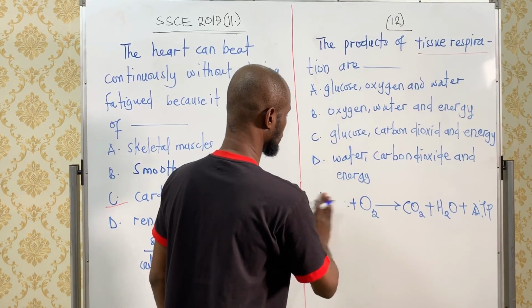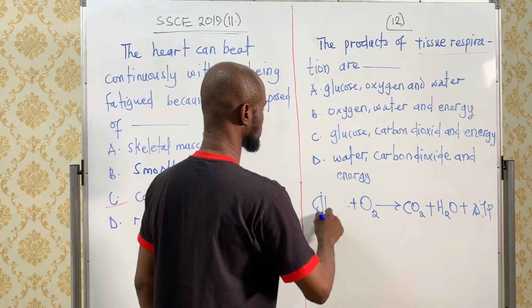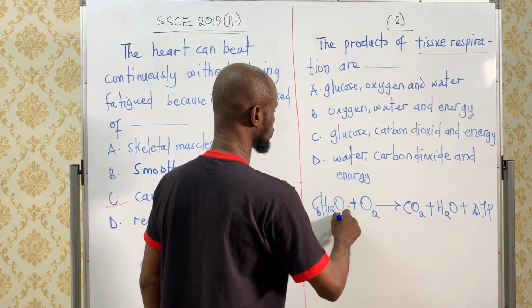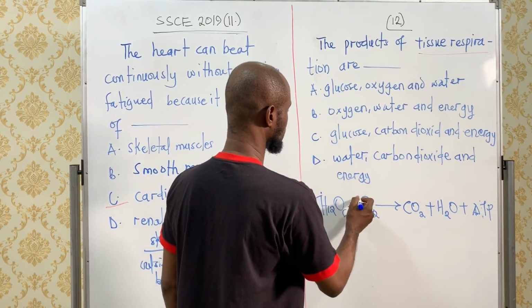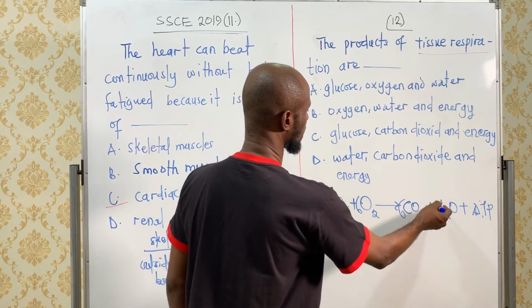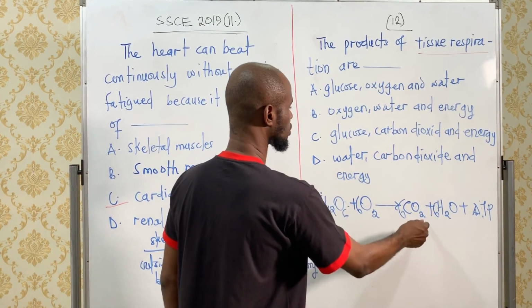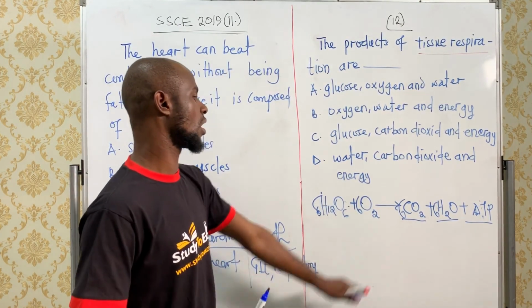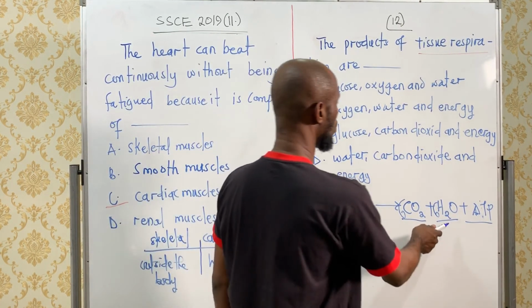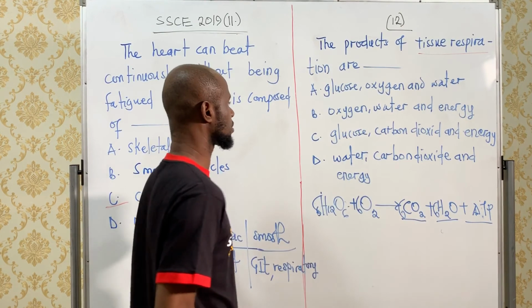Let me write the equation here so I can balance this. C6H12O6, that is glucose, plus 6 oxygen, gives 6 carbon dioxide and 6 molecules of water. So what we produce at the end of the day in tissue respiration are carbon dioxide, water, and ATP. So let's look at our options.